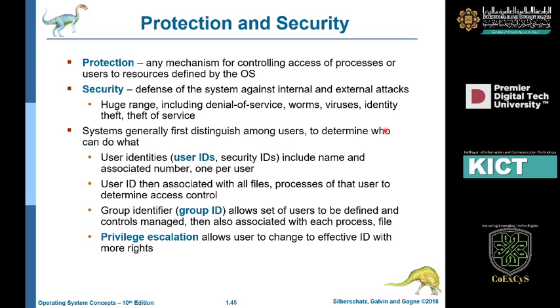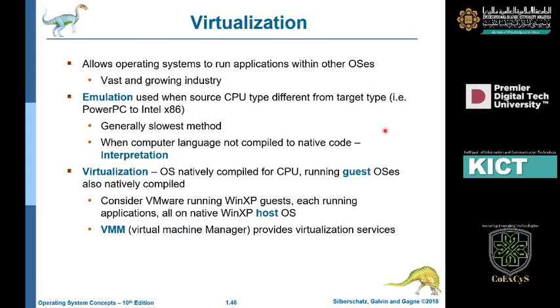Protection and security is also a function of the operating system. You have identities, file identities, and group IDs that are able to access certain things on the computer. Would an operating system also provide virtualization, right?